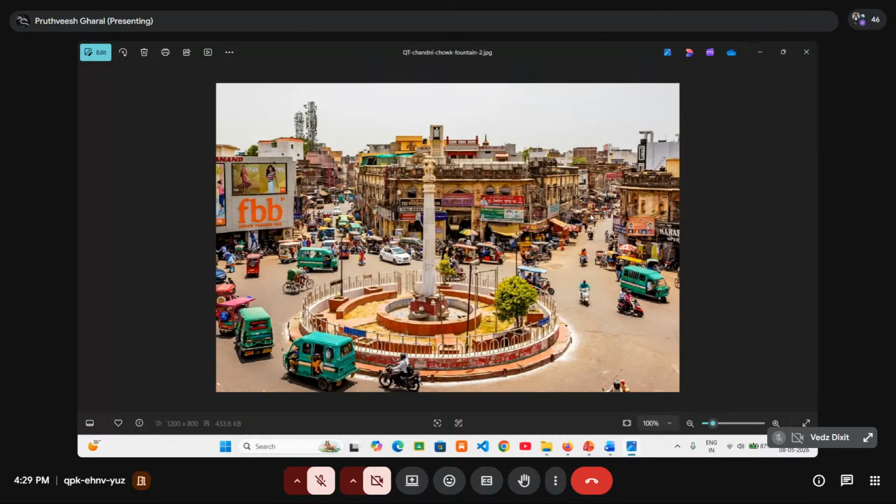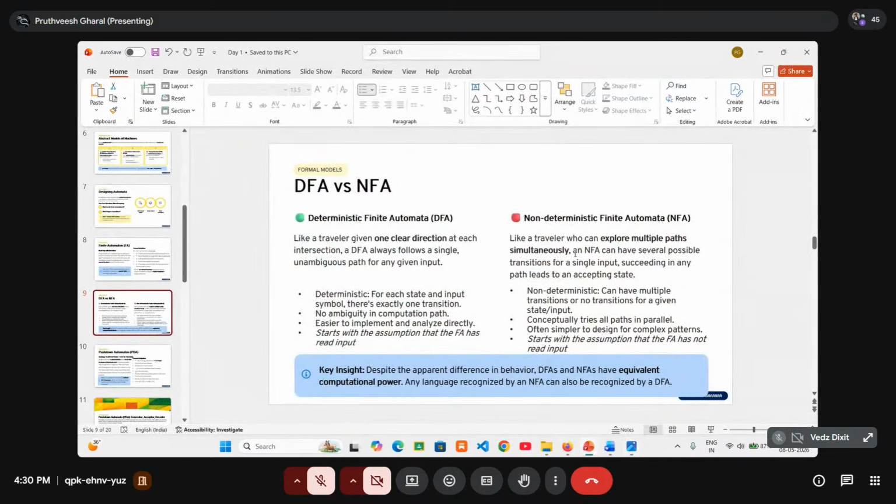Let's say there are two lefts here. This will create a problem in determining which path the finite automaton will take. So whenever there are multiple paths, we assume that a finite automaton will take multiple paths simultaneously.